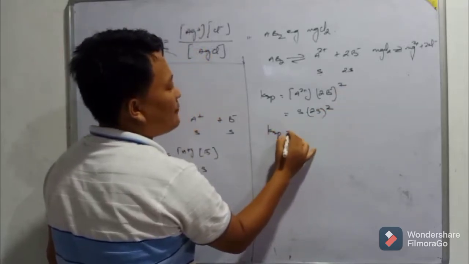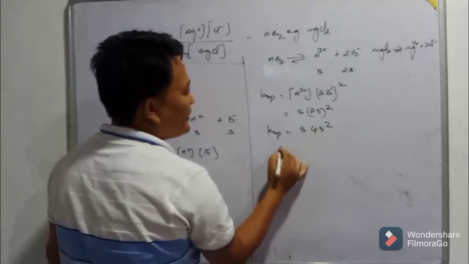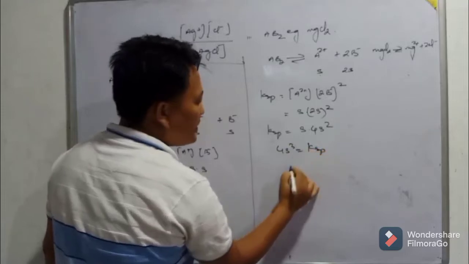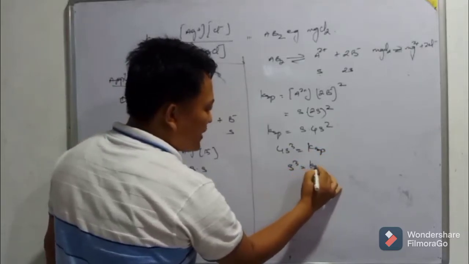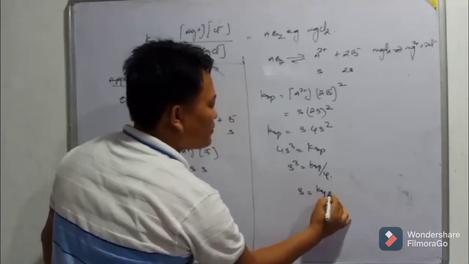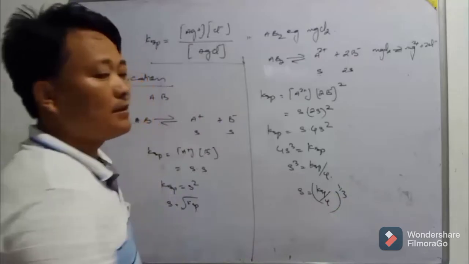Then KSP is 4S cube, so S cube is equal to KSP by 4, then S is equal to (KSP by 4) to the power 1 by 3, which means the cube root.